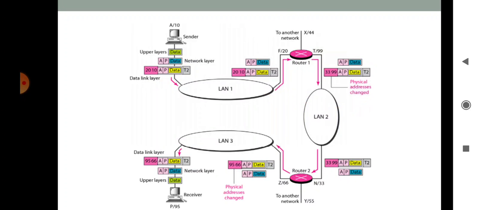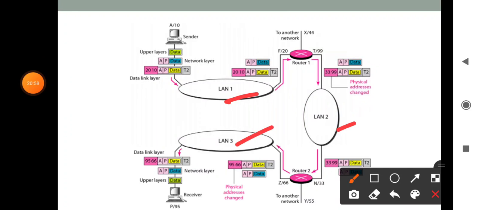See this figure. It shows a part of an internet in which two routers connect three LANs: LAN 1, LAN 2 and LAN 3.